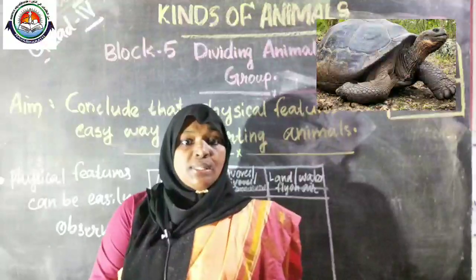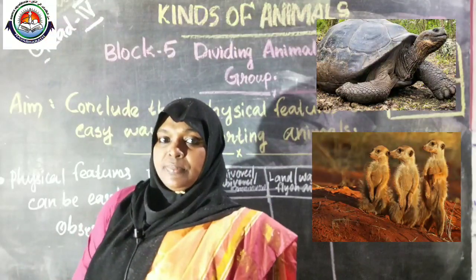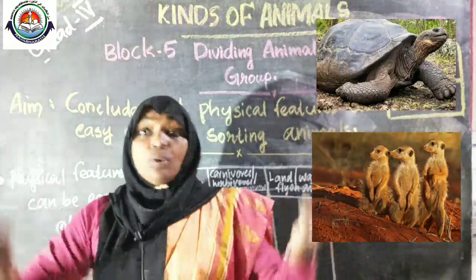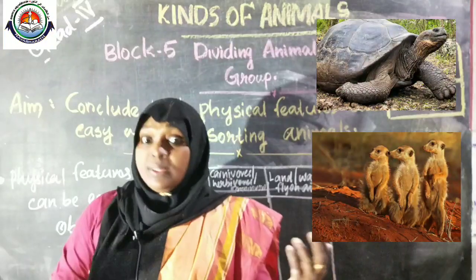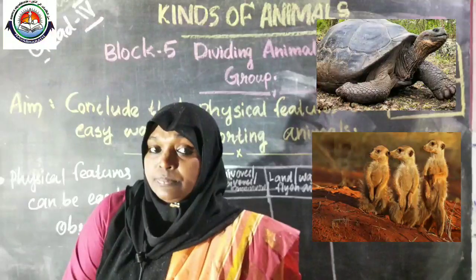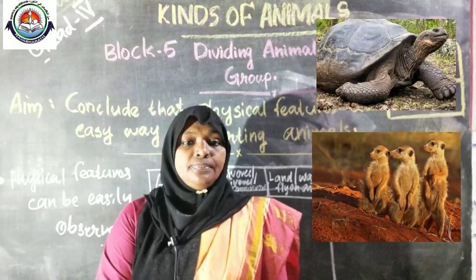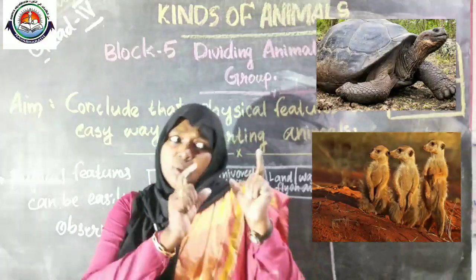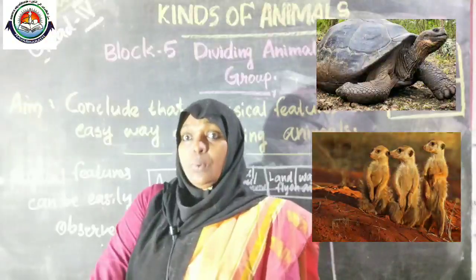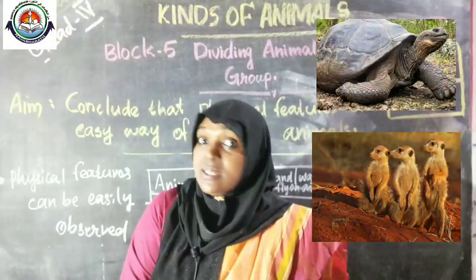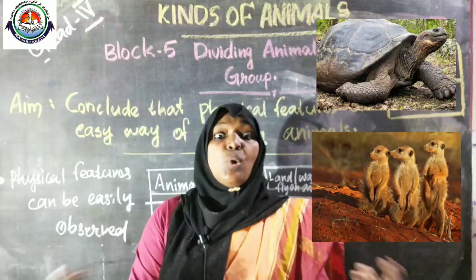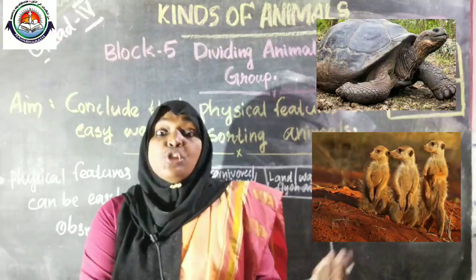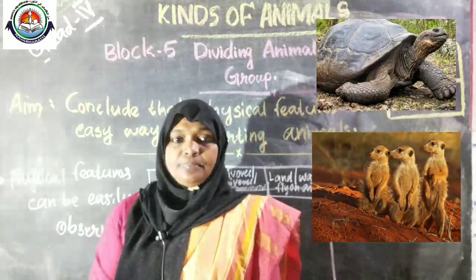A tortoise and a meerkat have 4 legs and they live on land. Would they be in the same group or in different groups? Yes, they are in different groups. When we look, we can see that all animals that have a distinct feature that is not present in other animals are put together in one group.